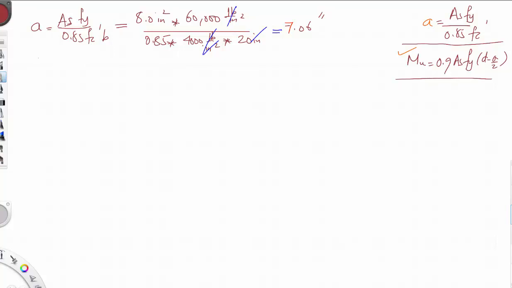So now apply this to the moment. Mu is equal to 0.9 As Fy d minus a by 2. So 0.9.